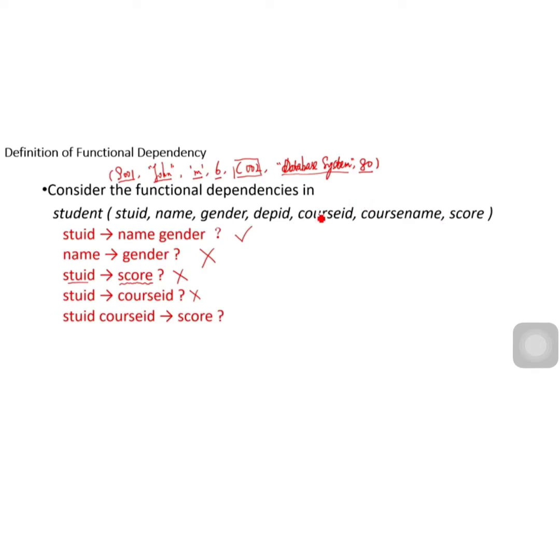And if there are two tuples with the same value on student ID and course ID, then it means these two tuples are about the same student in the same course. They can get only one score, so the values on score must be the same. So student ID, course ID functionally determines score holds.